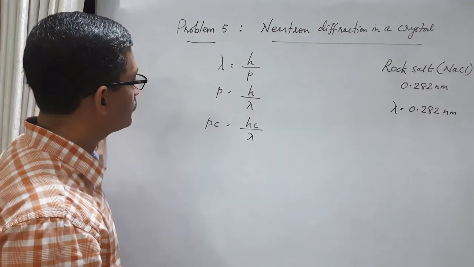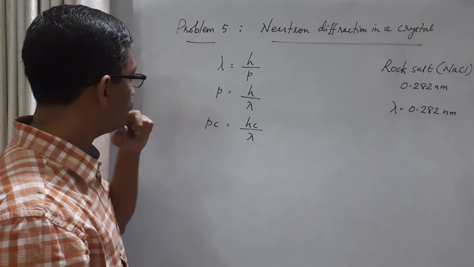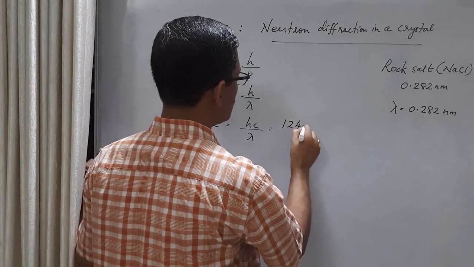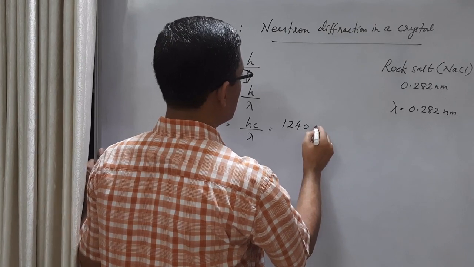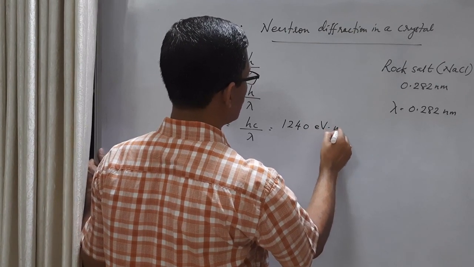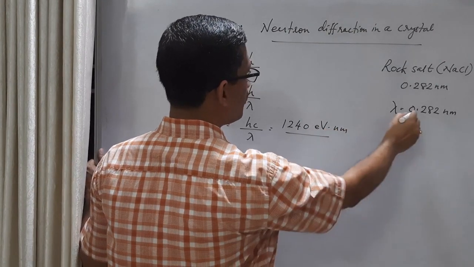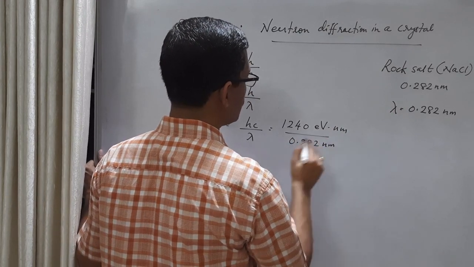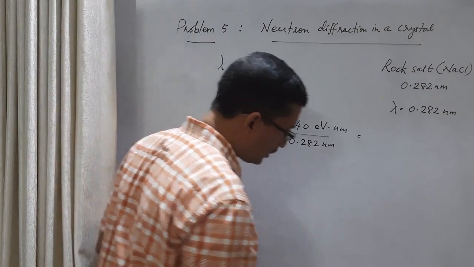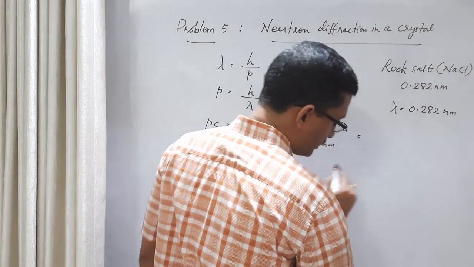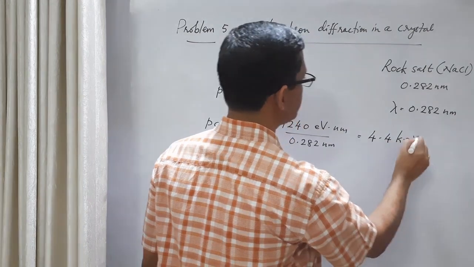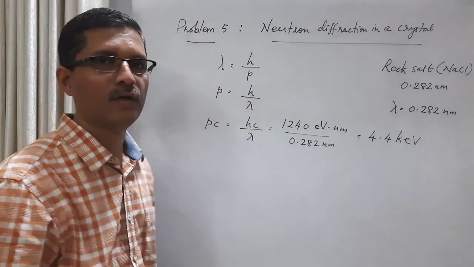So what is the value of pc here? hc is 1240 electron volt nanometer, and lambda is 0.282 nanometer. If we calculate this value, we get 4.4 kilo electron volt. That is the value of pc.